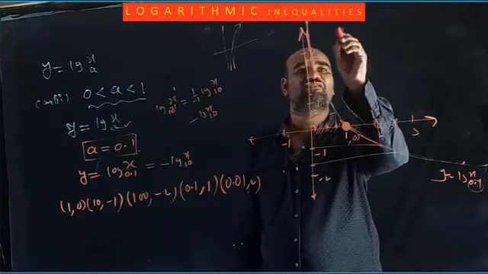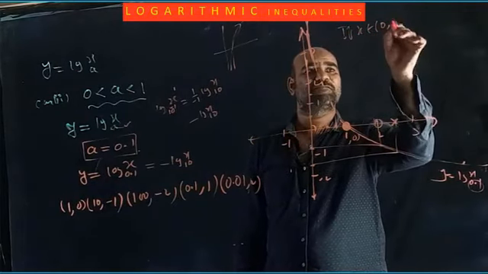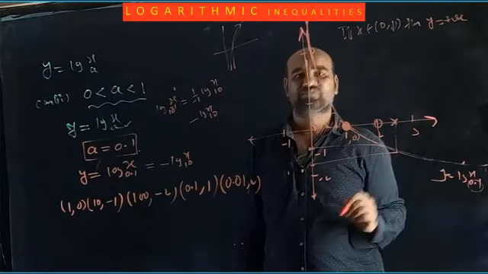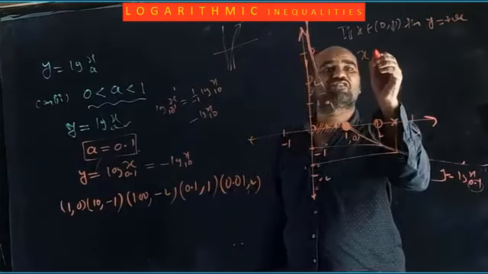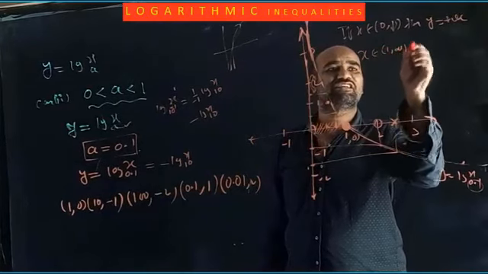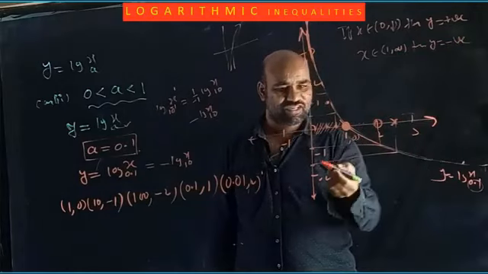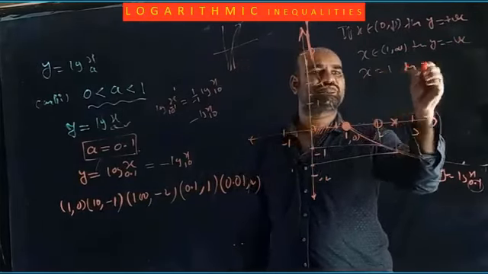Conclusion: if x belongs to 0 to 1, then y is positive. Important. If x belongs to 1 to infinity, then y is negative. For all these x values, y is negative only. If x is equal to 1, y is equal to 0. That is not a big problem.